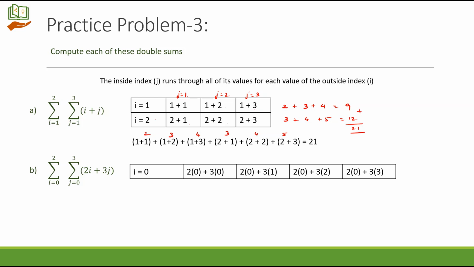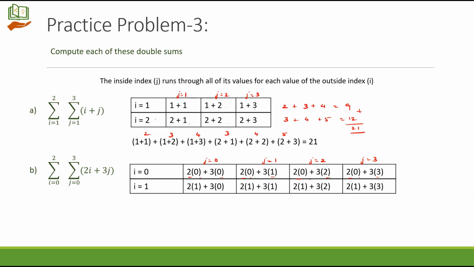When i is equal to 0, this will be j is equal to 0, j is equal to 1, j is equal to 2 and j is equal to 3. 2 should have i here and 3 should have j here. So, all the 2 will have 0 here and the 3 will have 0, 1, 2, 3.